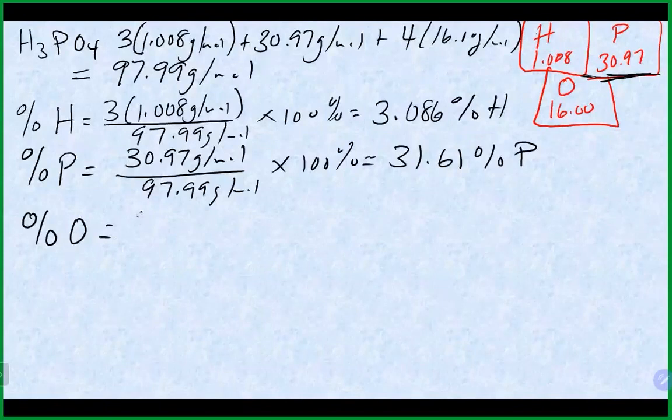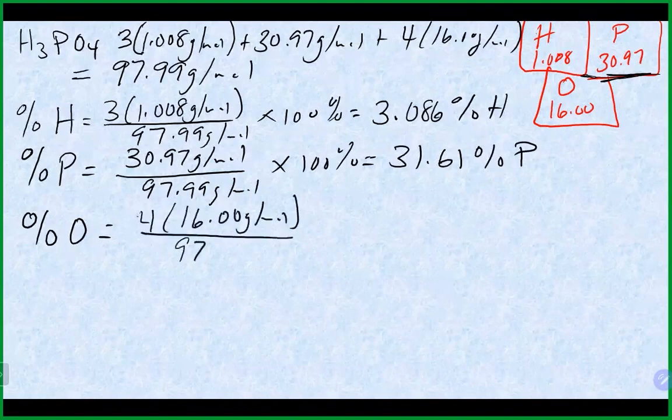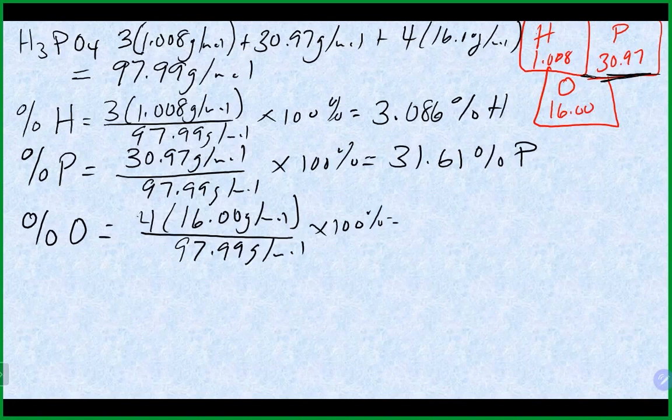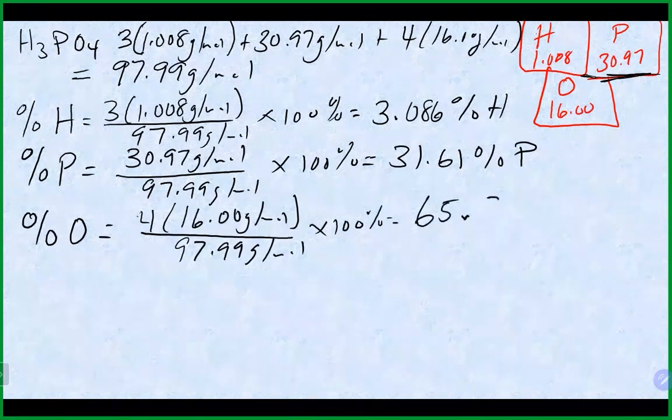Or you could just do the calculation: 4 times 16 for our 4 oxygens divided by 97.99 times 100%. That gets us 65.31% oxygen in this case.